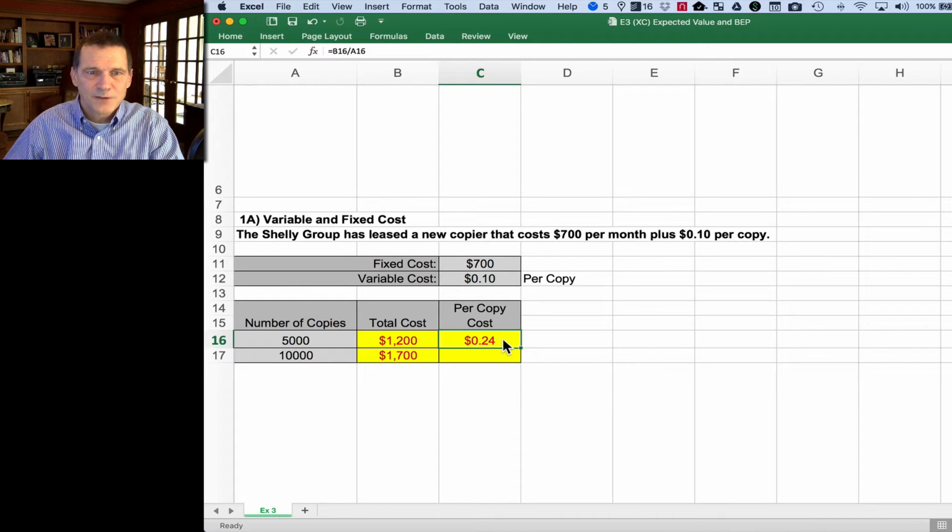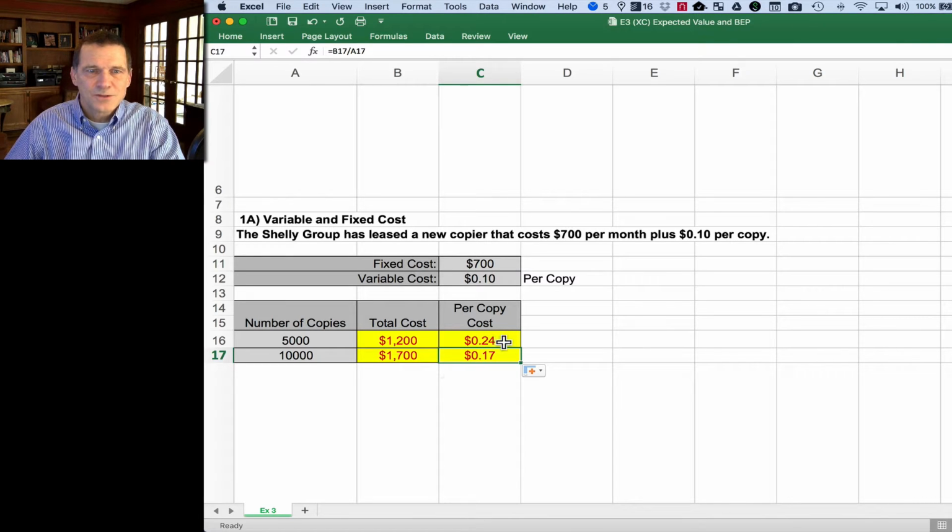So if we mouse over a field and we come down to this corner here, the box will turn black, and we could drag that down, and it will just copy this formula relationship into this one. And we see it's 17 cents a copy for 10,000 copies divided by $1,700.